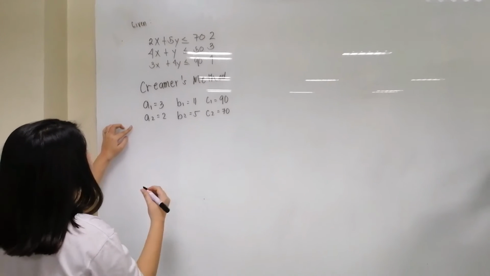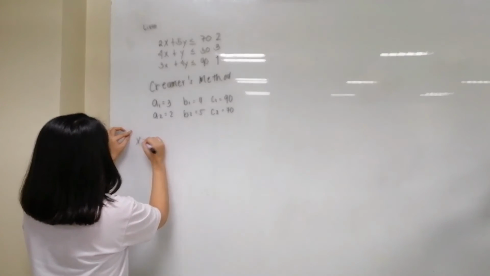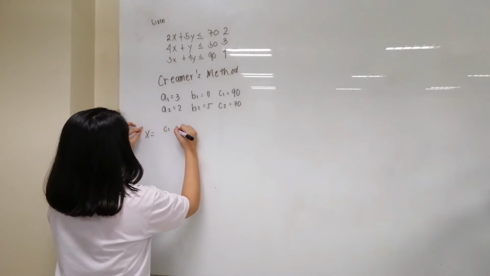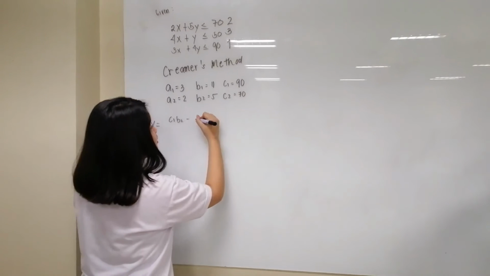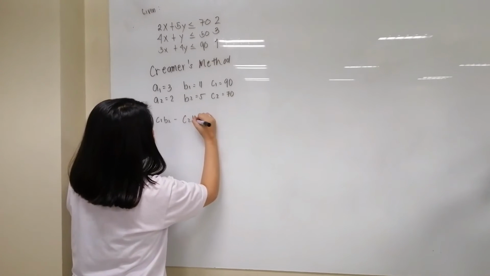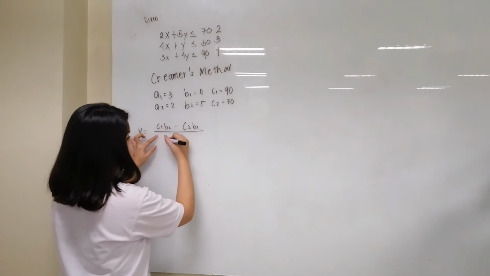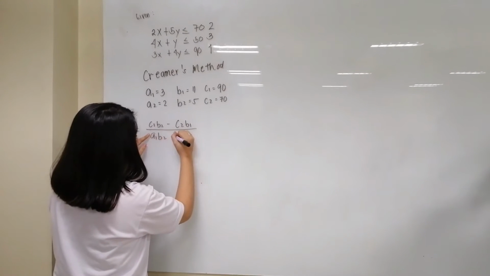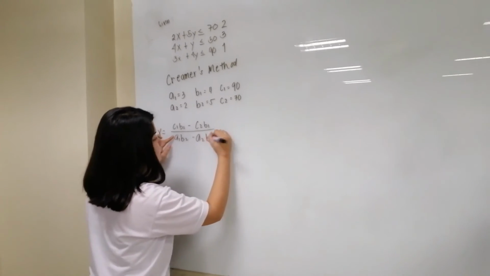Next, we will solve for x. So here's the formula for x: C1 B2 minus C2 B1, over A1 B2 minus A2 B1.